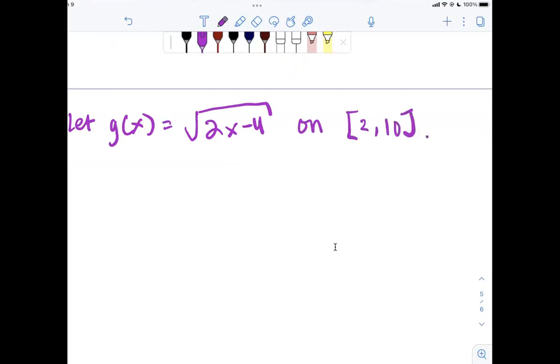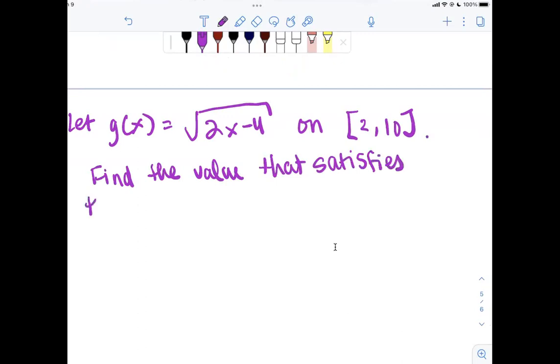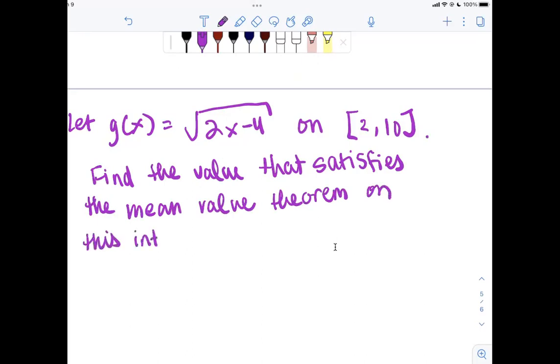So again, we're going to find the value that satisfies the mean value theorem. All right, once again, I'll just pause for a moment so you can try and solve it, and I'll go over the answer.